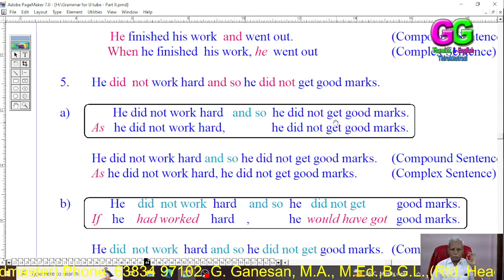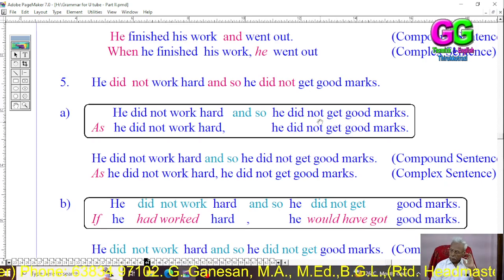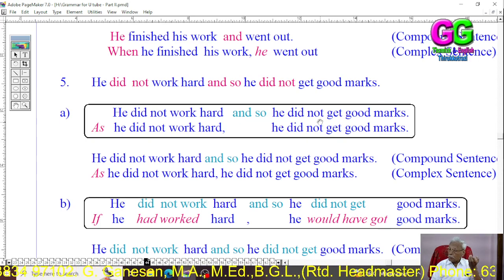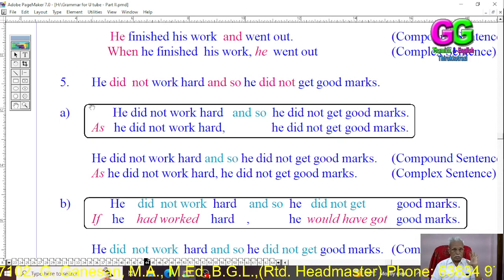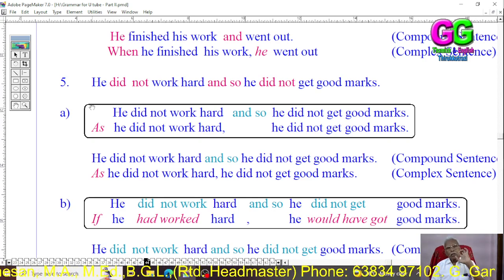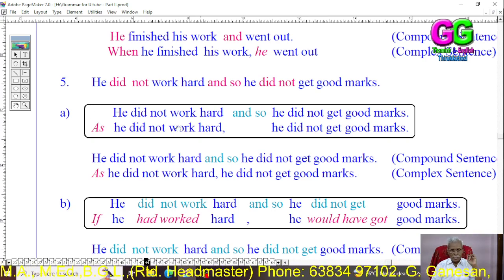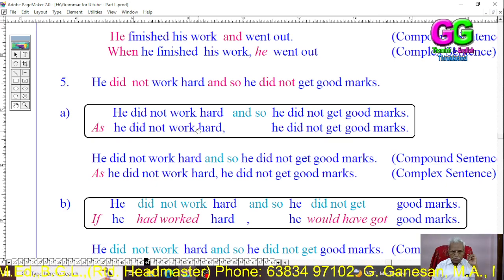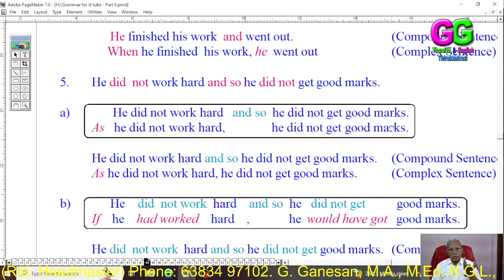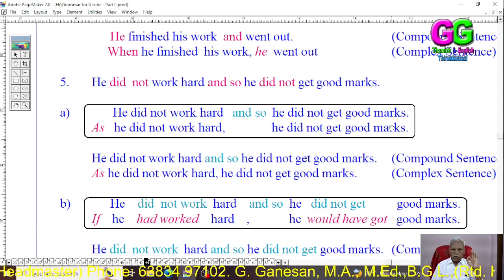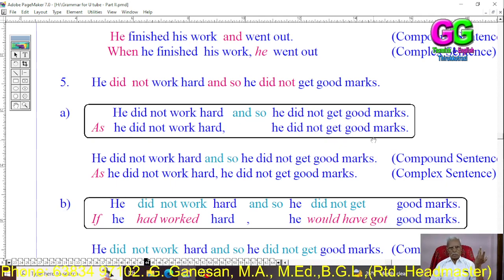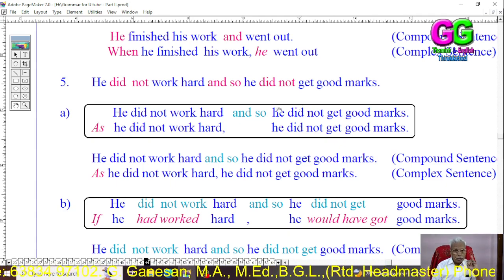The reason is he did not work hard. So I am using the conjunction referring to reason, 'as'. He did not work hard and so he did not get good marks. As he did not work hard, he did not get good marks. This is one way of converting.